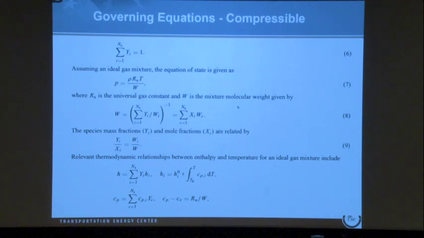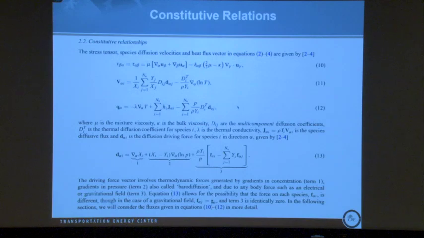The specific heat at constant pressure of the mixture is the sum of the individual species specific heats, again weighted by their species mass fractions and summed over all species. And the difference between the isobaric and the isochoric specific heat is the ratio of the gas constant to the mean mixture molecular weight.